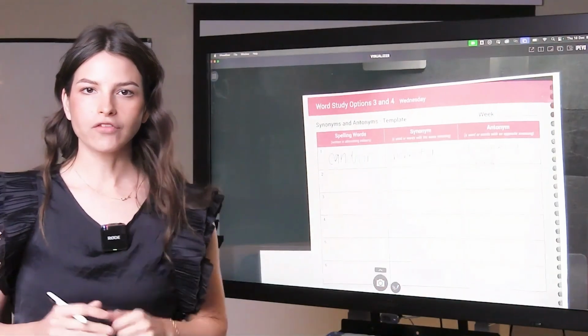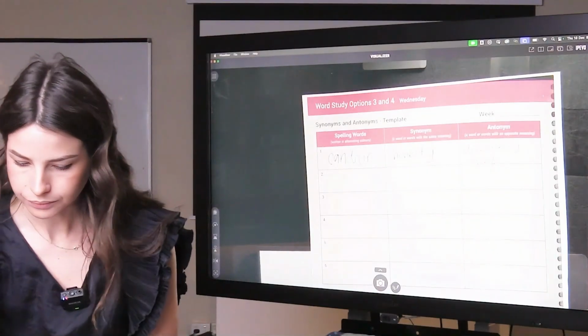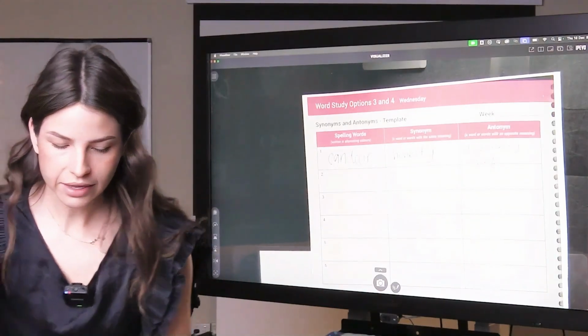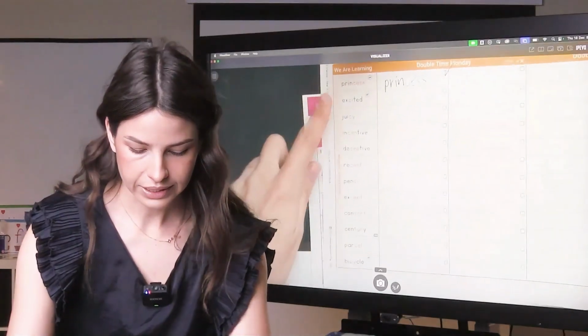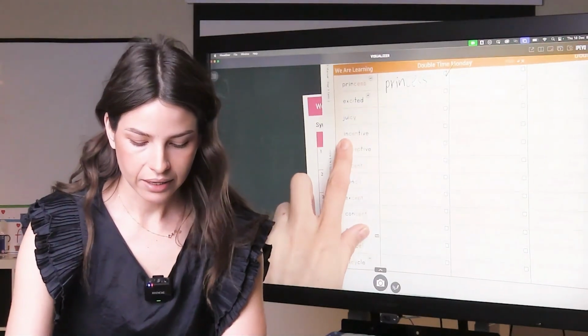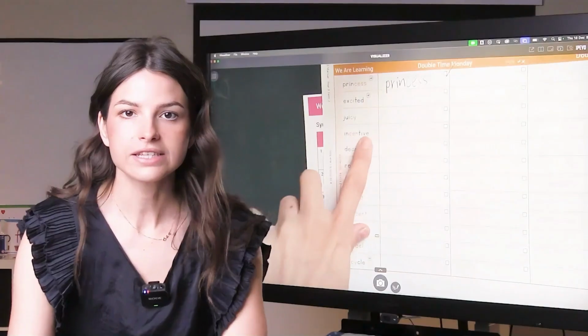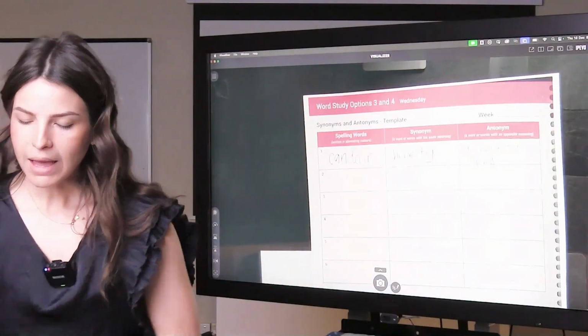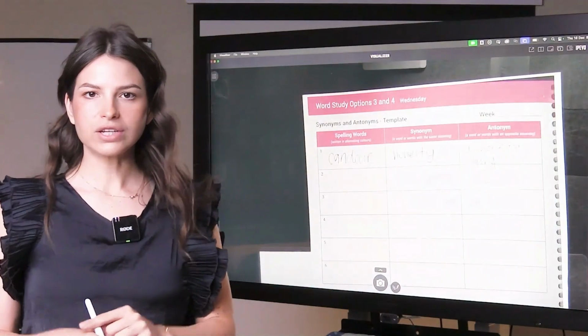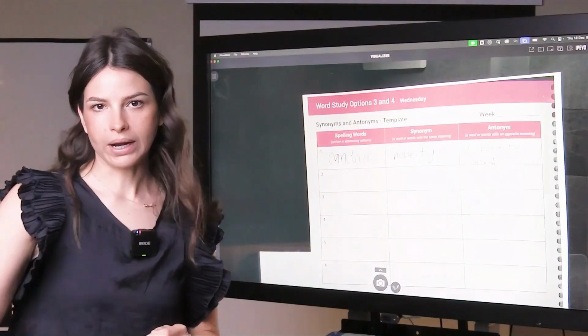Okay, let's pick a word from the next word list to model. I'm having a look, and I think a really good word to do today is incentive. Incentive. Okay, if we think about the word incentive, I might give a really good incentive to do your work if I gave you 20 bucks.